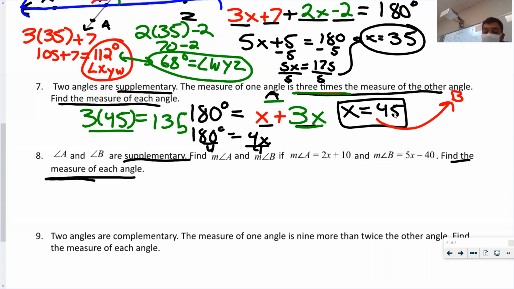Ethan, remember, supplementary means 180, and you have 2 angles that add up to 180. So you want to take your measurements here and set them equal to 180. That's how you want to start. Leia, you got X, but you need to find the measure of each angle. So figure out what you need to do after that. Same to you, Jordan. I think I said that already, but just to make sure.